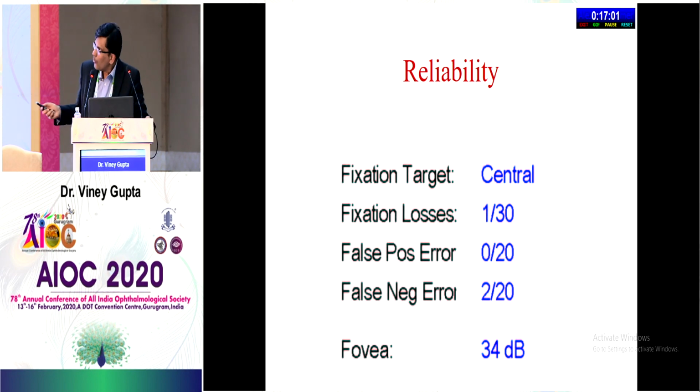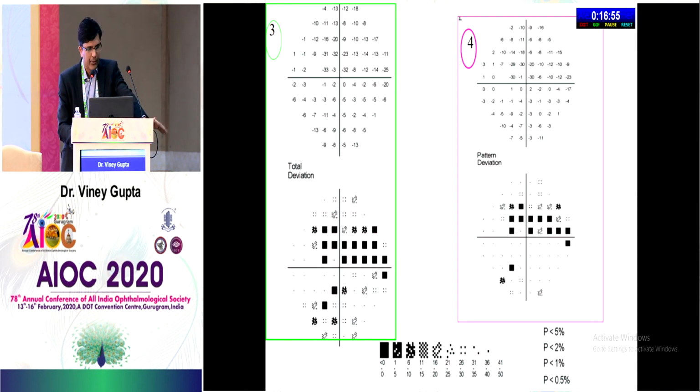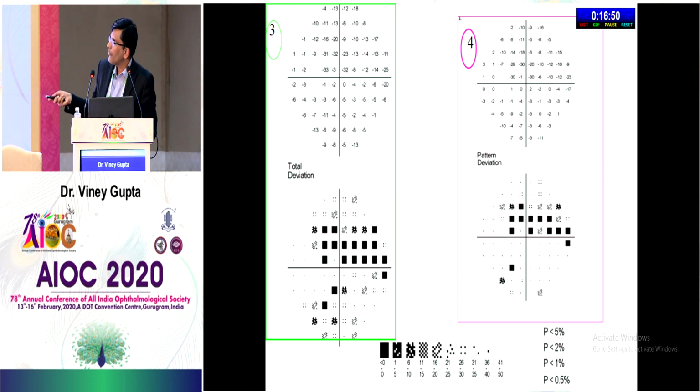So this tells you whether it's reliable or not. False positives, false negatives more than 20% are unreliable. Fovea should be tested. The important thing that you must look at in a visual field is the total deviation probability plot, total deviation plot, the pattern deviation plot, and the pattern deviation probability plot.